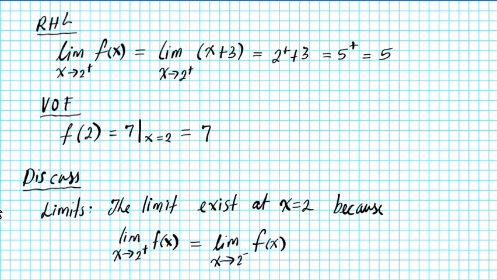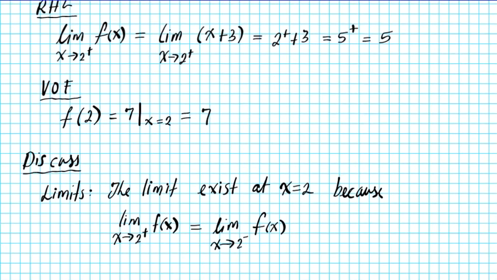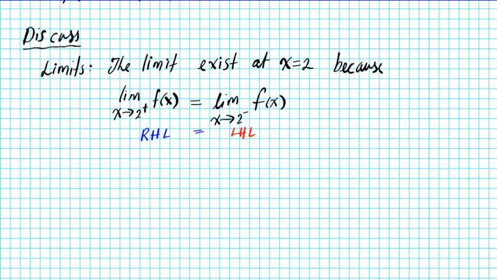These two are the same. So this is the condition for the limit to exist. Basically, the right-hand limit is equal to the left-hand limit. That's enough to conclude that the limit exists at x equals 2. Okay, let's take a look at the next conclusion that we can draw, which has to do with continuity.